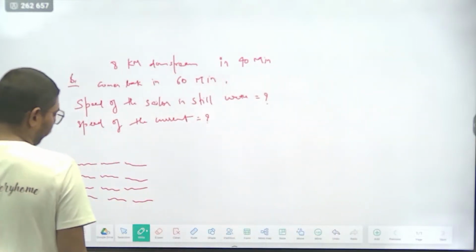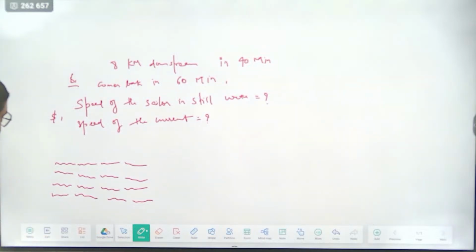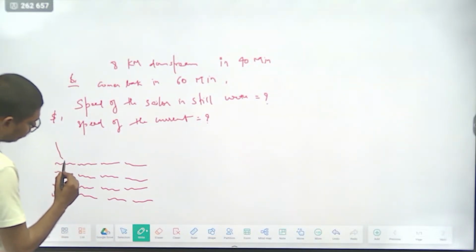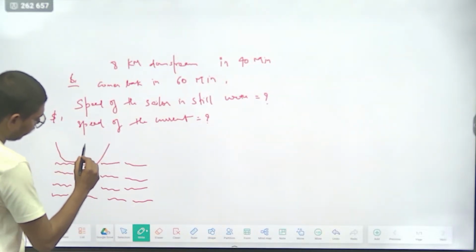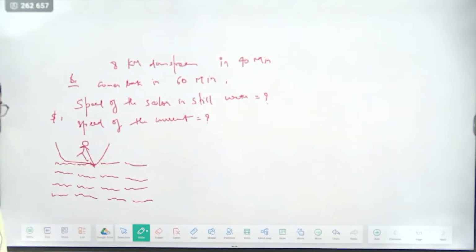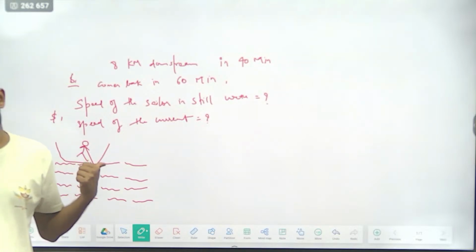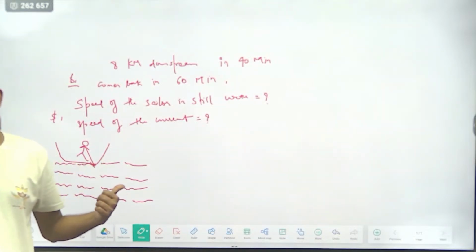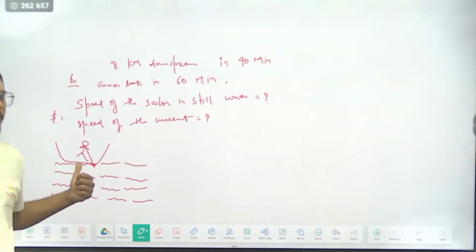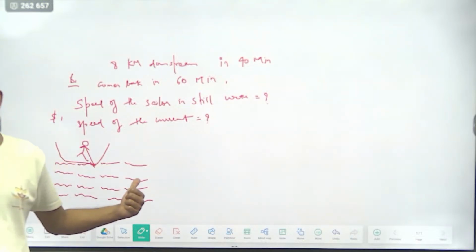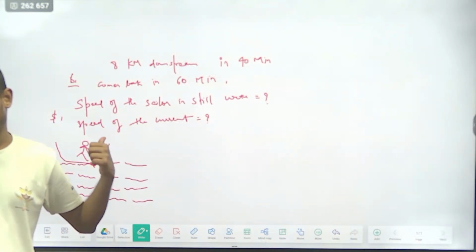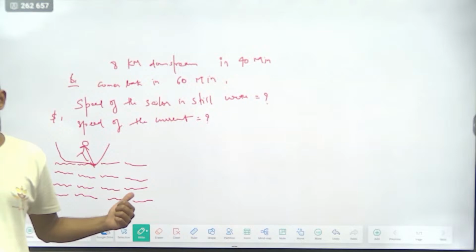This is the stream. There is a boat, and there's a person who makes this boat move. If that person wants to make this boat move, he will have to apply force.